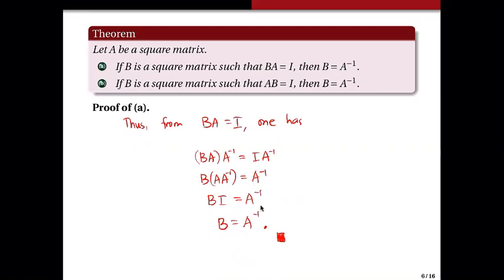So this completes the proof of the theorem. Again, I am leaving part B as an exercise to you. You will do almost the same argument. You will consider a homogeneous linear system and then show that you have only the trivial solution.